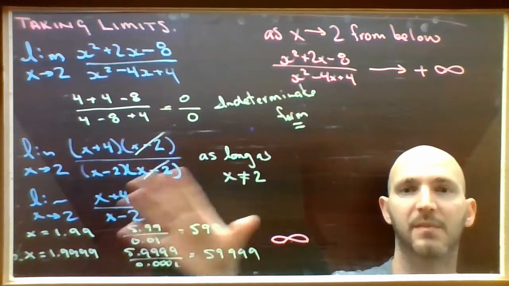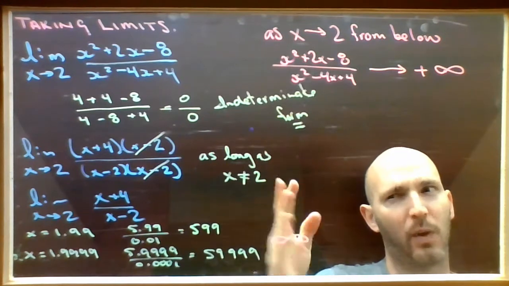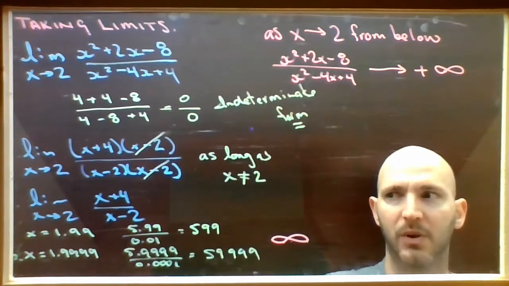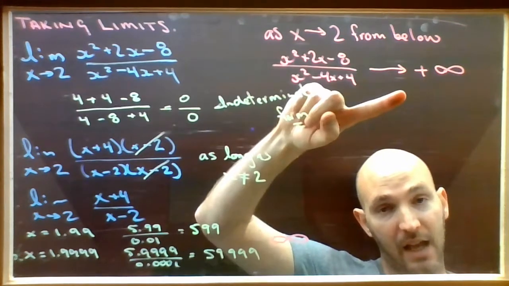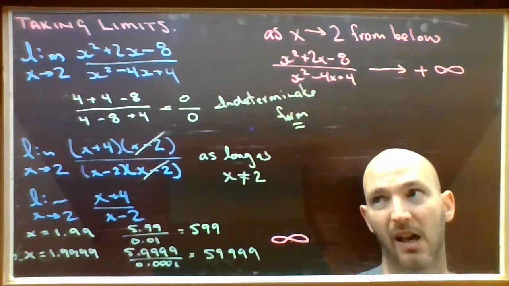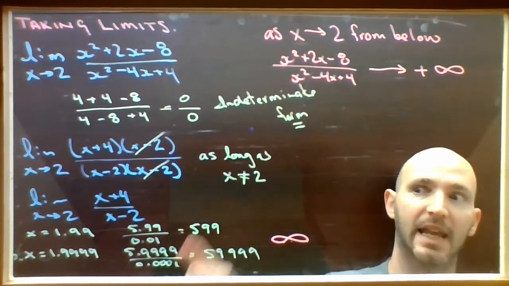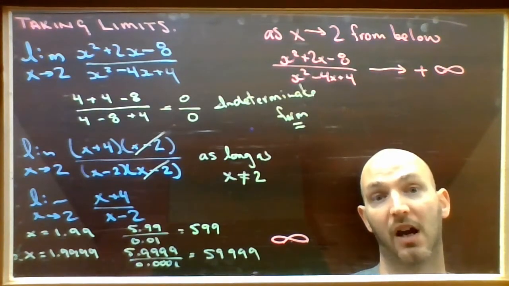That sometimes a function can't accept a number, but we're trying to figure out what it's doing around that number, so I need to creep up on it to try and get an idea. This, spiking to infinity, looks a lot like a vertical asymptote. So we're going to be using this technique later when we analyze rational functions to hunt for vertical asymptotes.